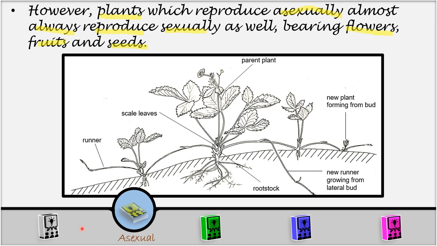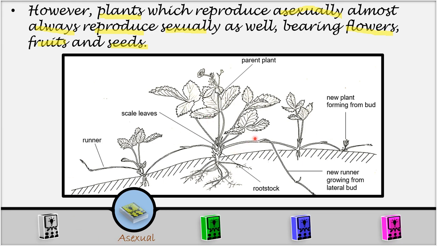But here we are saying that plants which reproduce asexually almost always reproduce sexually as well, bearing flowers, fruits, and seeds. So are we contradicting? No, we are not contradicting. Some of the plants can reproduce asexually by using the parent plant parts, but at the same time, they may reproduce sexually because they may have flowers, and then they also have fruits and seeds.